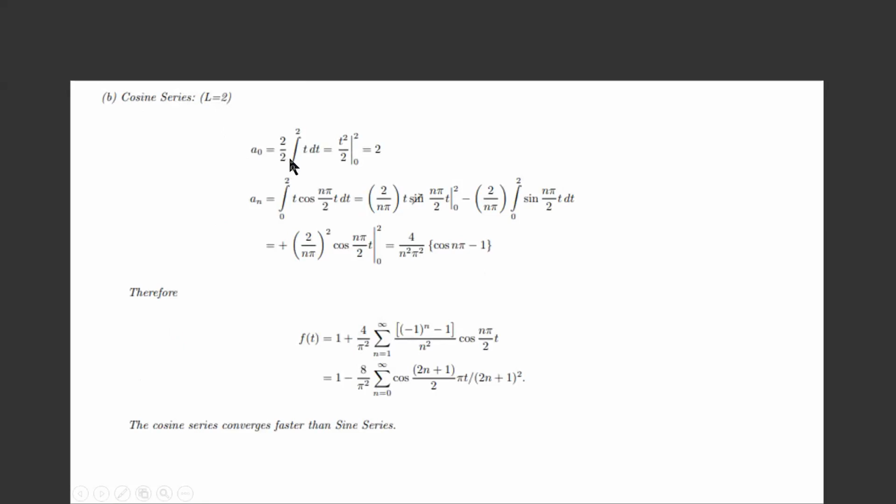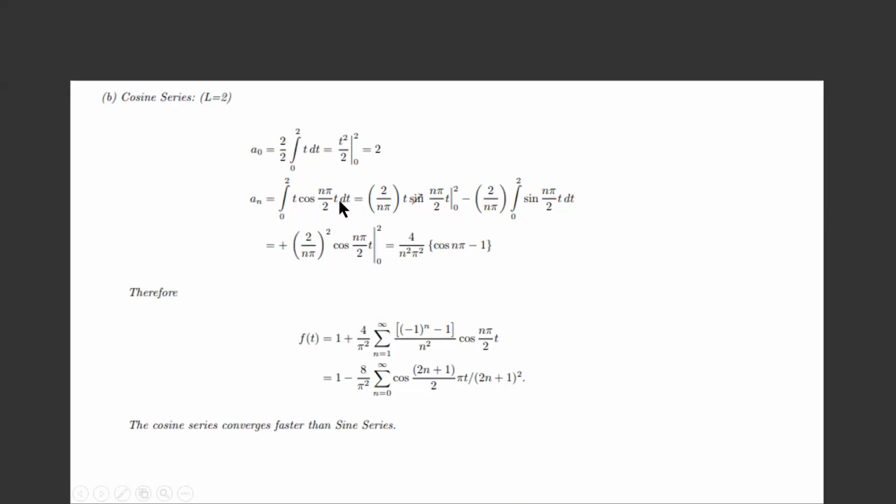The definition of a naught is the integral from minus L to L. As I said, because this is even, I can integrate from 0 to L and multiply by 2. So a naught will be 2. For an, again, instead of integrating from minus 2 to 2, you can integrate from 0 to 2 and multiply by 2. So you have 2 over 2, which is 1 here.